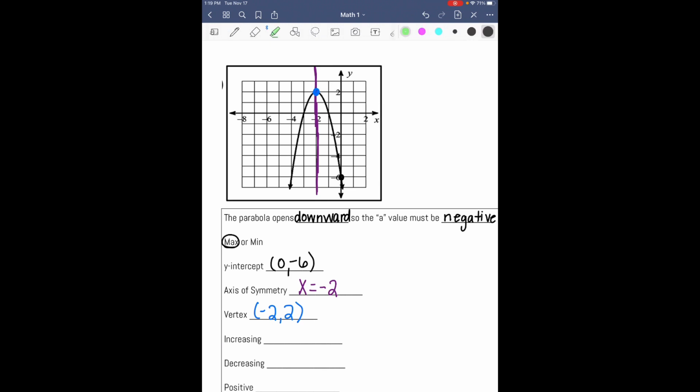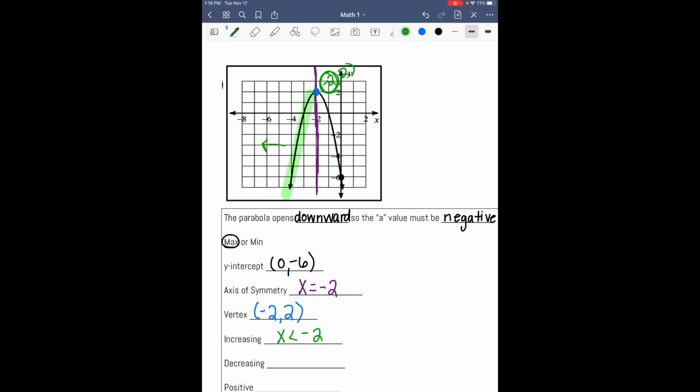All right, so again, let's do some increasing and decreasing. So we're going to go from left to right. So from the left, we are increasing. And that is on the left side. So that's going to be x is less than, and this point right here is -2, 2. So we're going to use the -2, the x value.